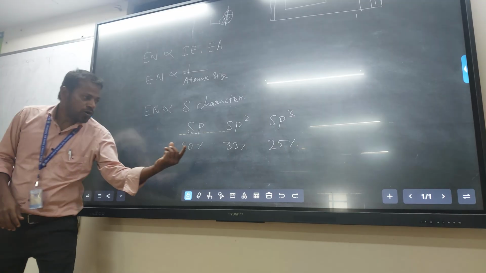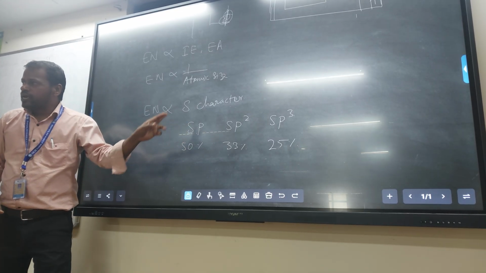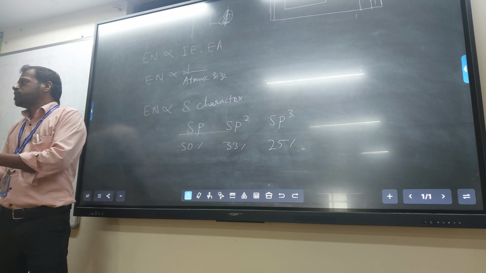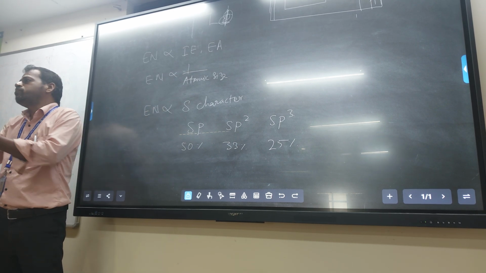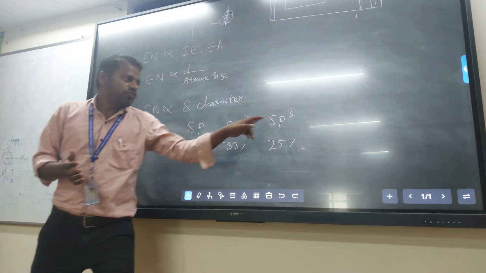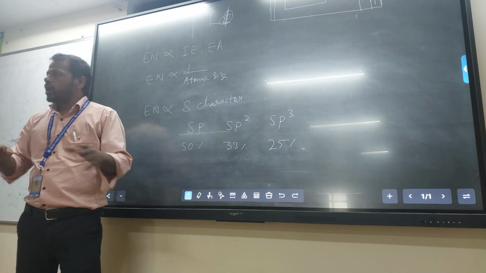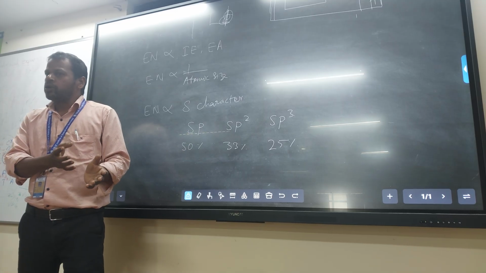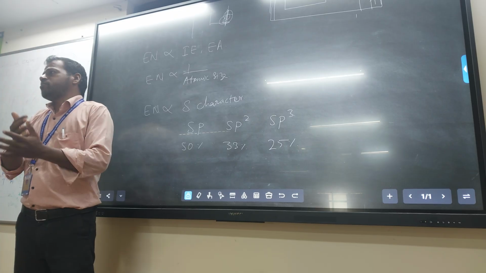So think about the percentage of s character. Here 50-50: 100% sp hybridized orbital means 50% s orbital, 50% p orbital. When you come to sp3 hybridization, there are a total of 4 orbitals, so 100% means s orbital contribution is only 25%, the p orbital contribution is 75%.